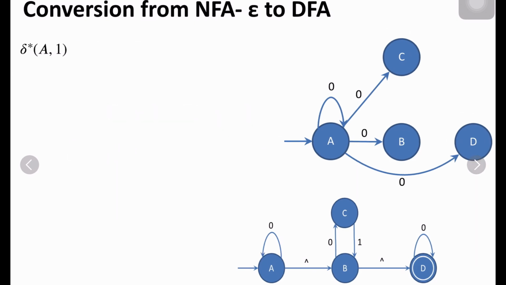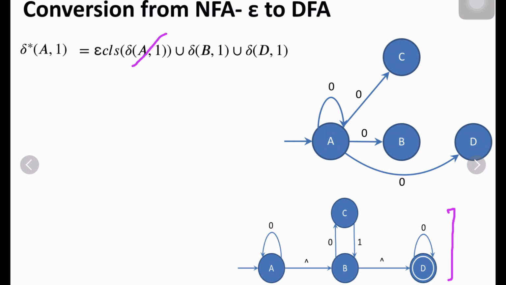Other transition: delta star of A comma 1. Look at the given transition diagram. The E-closure you already know is ABD. A on 1 has no transition at all, B on 1 has no transition, and D on 1 has no transition.